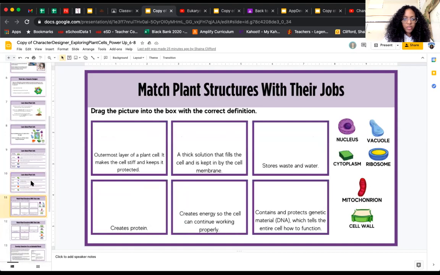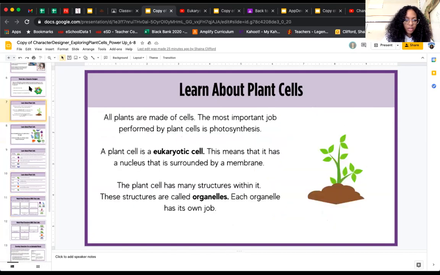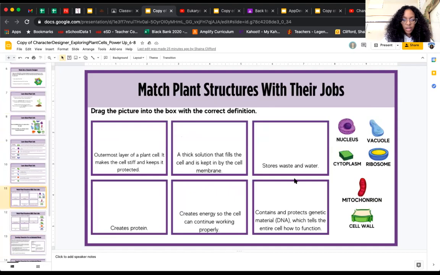So you can go back to slides 9 and 10 if you need help sorting these different plant cell functions. See, look, I forgot too. Those are called the organelles. So if you need help sorting the organelles, you can go back to those slides.